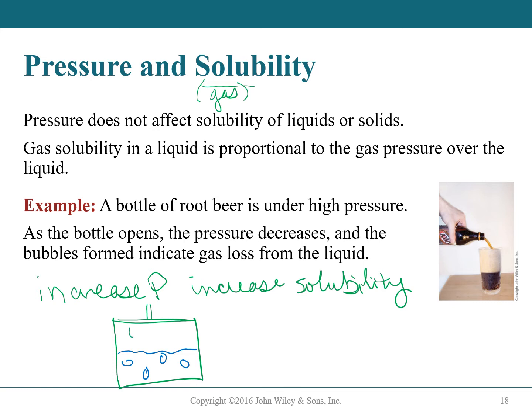And here are my gases. When I push down and increase the pressure, there's not a lot of space, so what I've done is I'm actually pushing some of those gas molecules into solution. I'm just physically forcing it in.